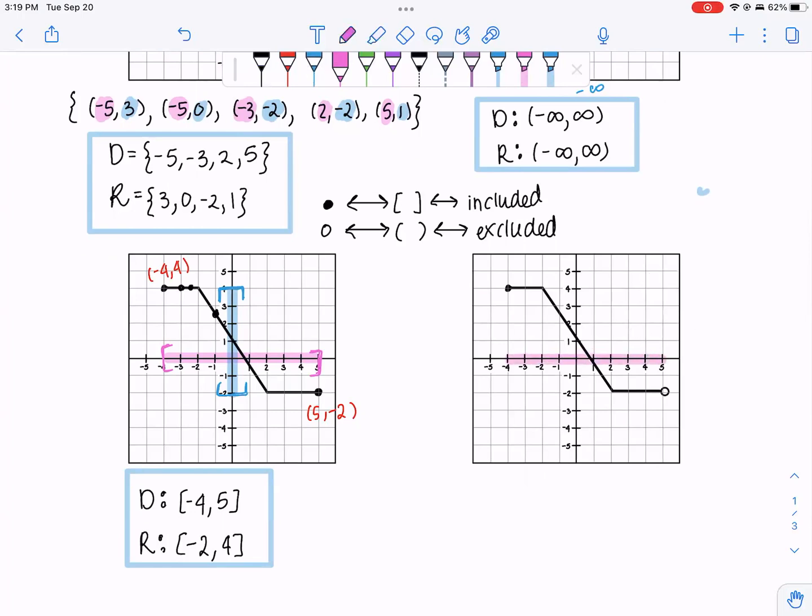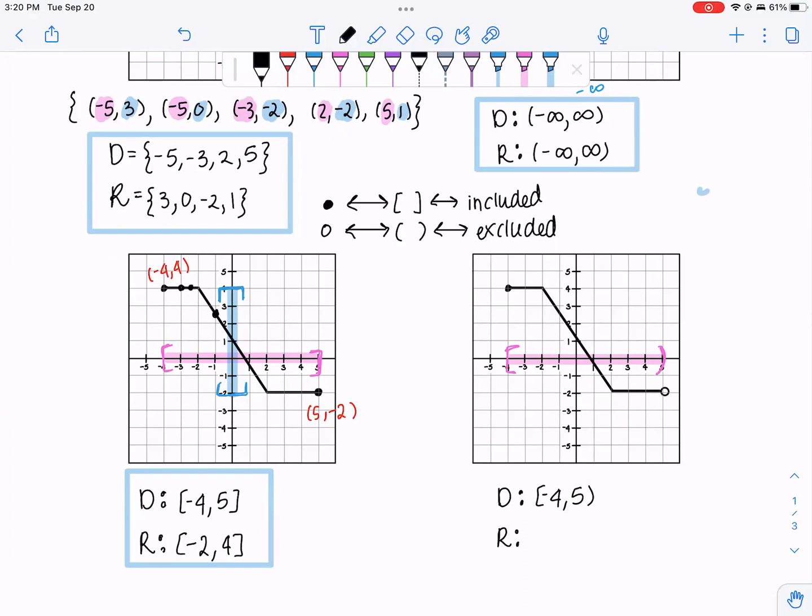The problem is no longer do we have a point with an x value of 5. 5 is no longer in the domain because there's no coordinate point with the x value 5. Where it was is now gone. So we are not including 5, but we will include -4. So our domain goes from -4 to 5, but we exclude 5.